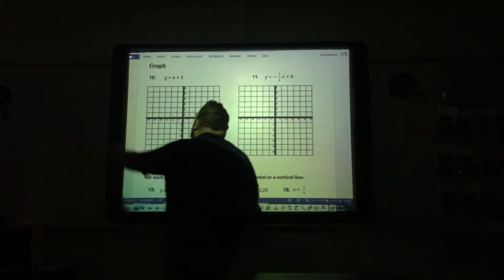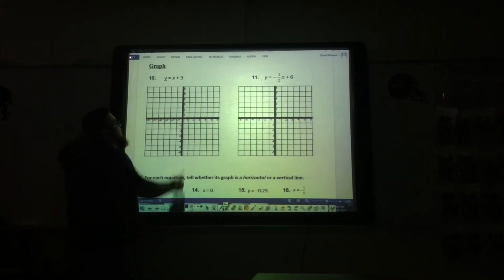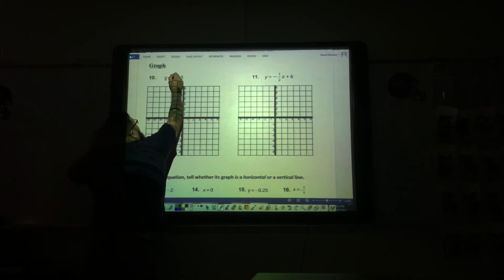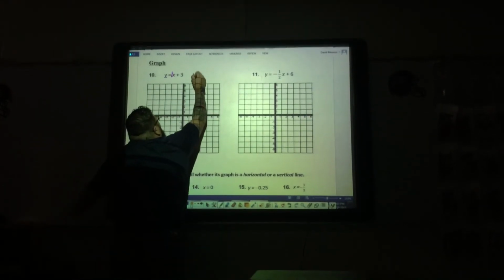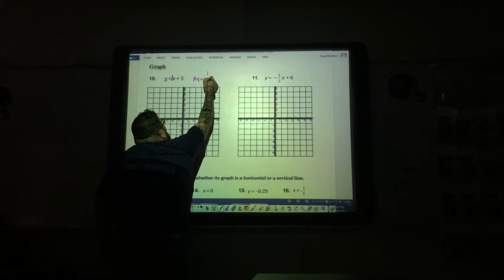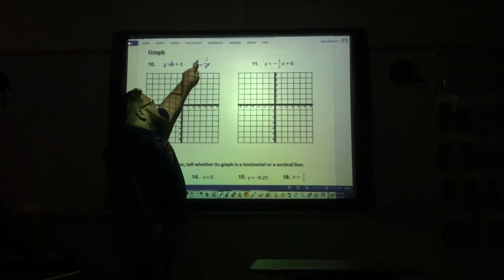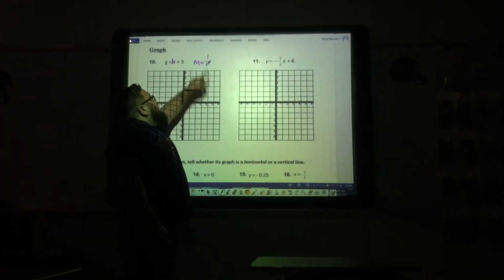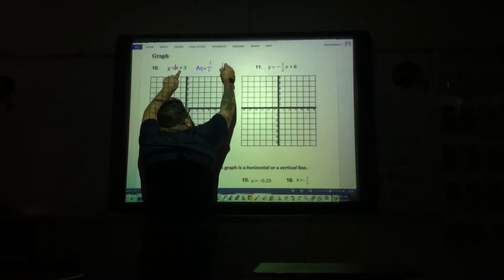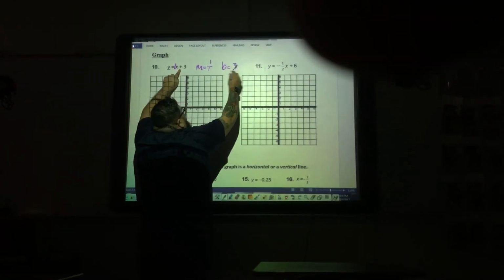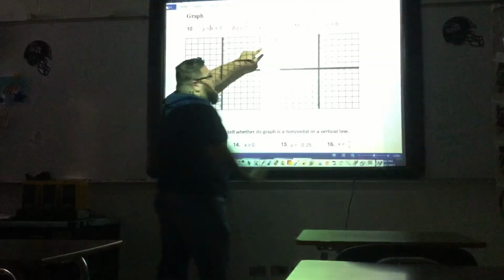Okay, when we do this one, notice there's that invisible 1, right? There's that invisible 1. So my slope is really 1 over 1. Remember, Mr. Marino likes to do fractions. So you do rise over run. Okay? And then that tells me that my B is +3. It's +3. So in other words, my y-intercept's at 0, 3. So that's on the graph.